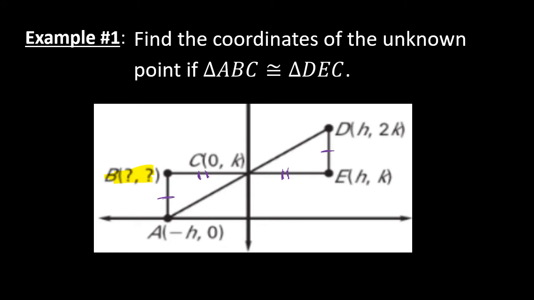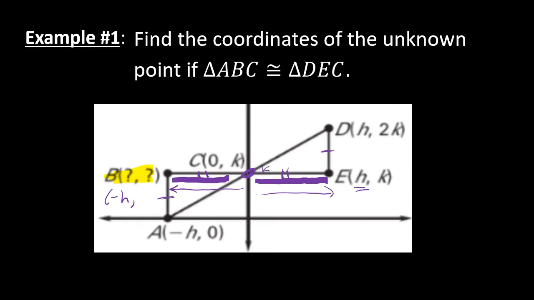So point B means we go to the left. So I know that's going to be negative, and I know that this distance here and this distance here are going to be the same. So if I go this way h units, that means I am going this way h units to get to the line. So this would be negative h. And then I have to figure out how far up I go. If I look at this point C right here, that is a point 0, k.